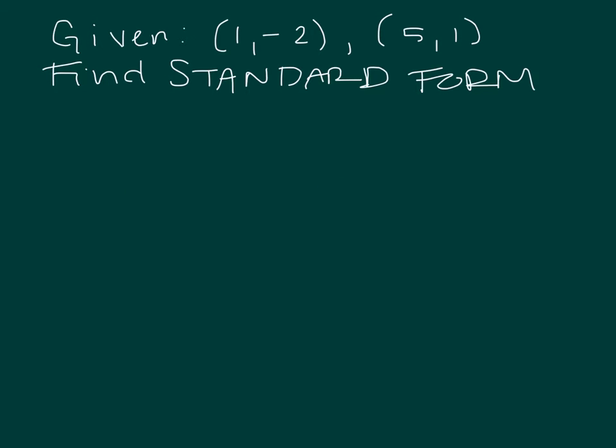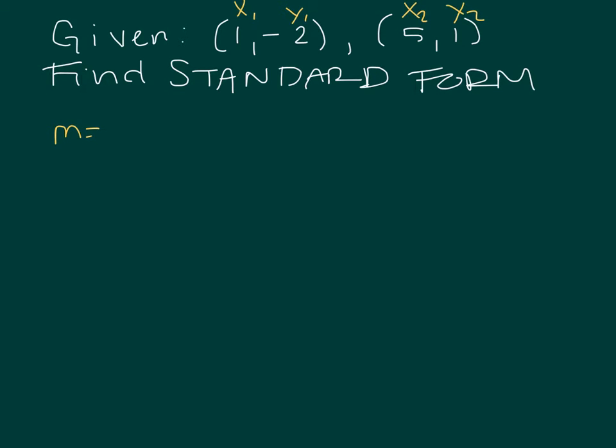Now I'm looking at example 2 on page 118. It says, given these 2 points, I want to find the standard form of the linear function. When I'm given 2 points, all I can really do is start by finding slope. So I'm going to label x1, y1, x2, y2, and then use that information to fill in my slope formula.